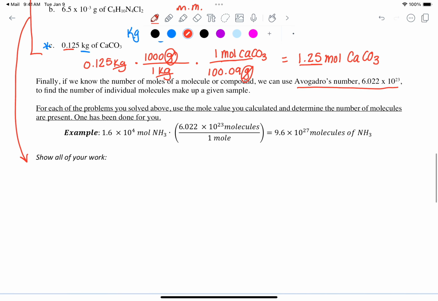So let's start with our 1.25 moles of CaCO3. As our example shows us, when we're starting with moles, we then need to multiply by molecules so that our moles cancel out appropriately.